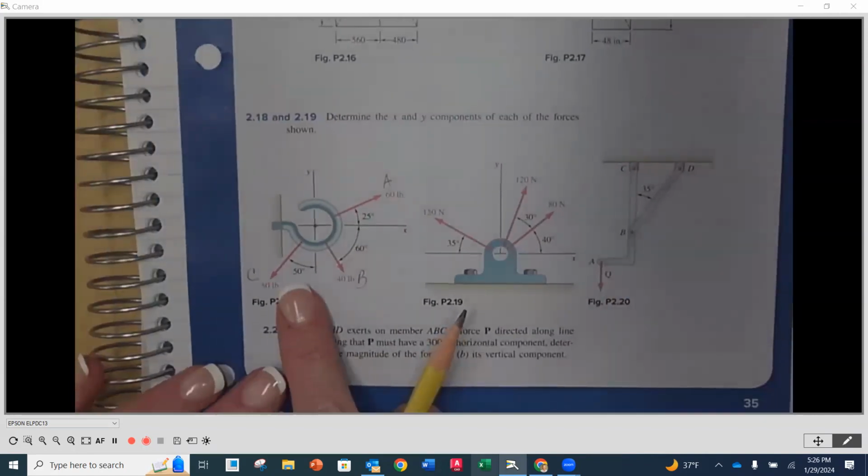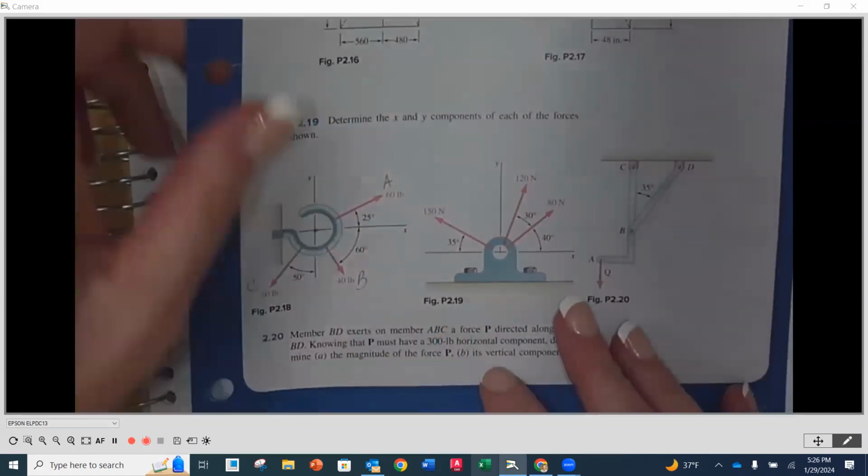So as we look at number 18, the first thing we need to do is draw a diagram. Now I'm going to grab a straight edge. As you know, I make my diagrams pretty big, but I find it helpful, because that way I can add the labels and information as I go along.